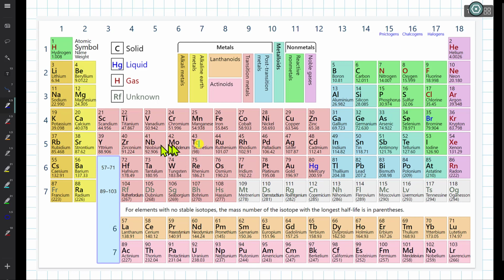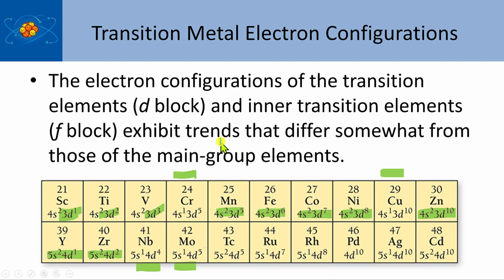So there's going to be some switching that goes back and forth. This one's normal, thank goodness, and then already we have exceptions here. All along this bottom row, these are all exceptions. But this really only occurs in the transition elements and the inner transition elements. For the main group elements, essentially it obeys what we expect it to obey.